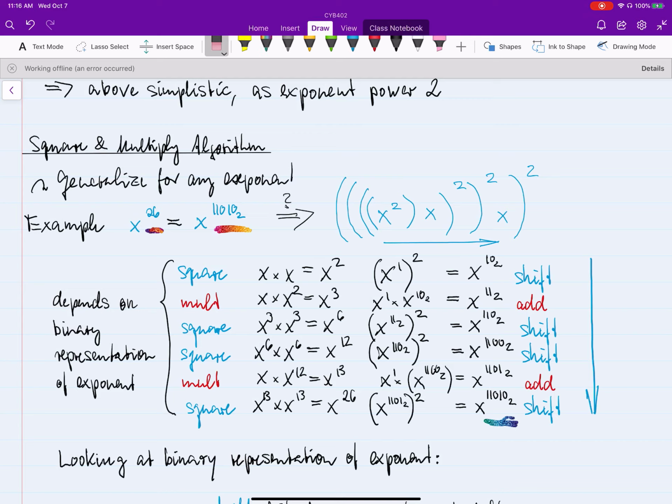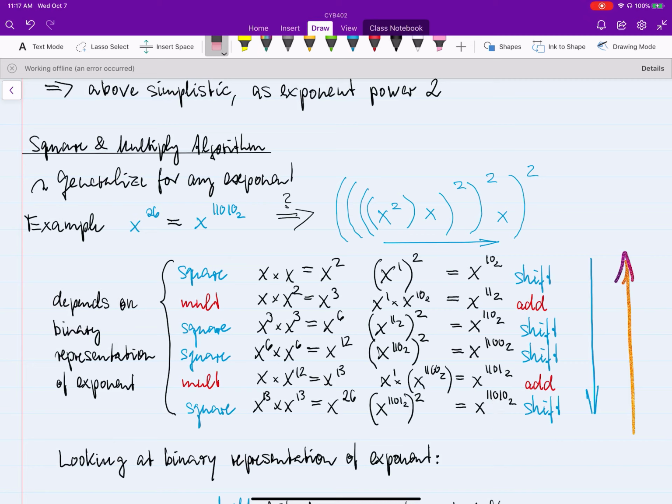So the cool thing now is that we can turn around this idea and go the other way. So what we do is we start here, we ignore the first bit, we start here. This one here obviously is a 0 plus 1. So the 0 comes from the squaring and the 1 comes from the adding, from the multiplication, which is adding a 1 here on the exponent side.